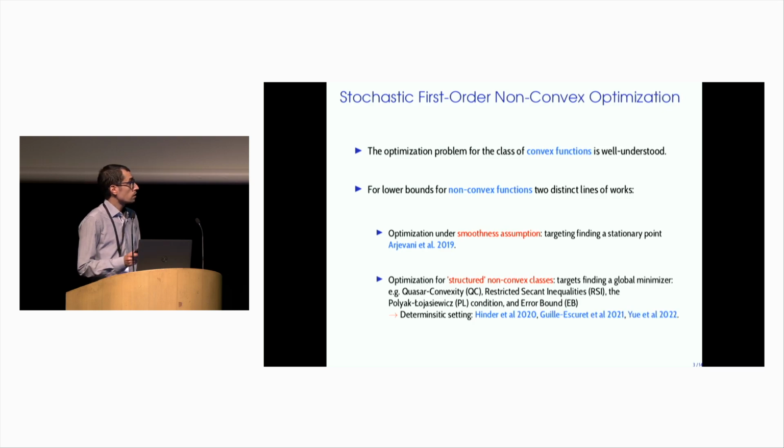In the next slide I will give rigorous definitions of some of those classes that we consider here. But I want to mention that in the deterministic setting, most of those classes are already well studied, so we know the optimal complexity of optimization in the deterministic setting. But here we are motivated by the stochastic case.